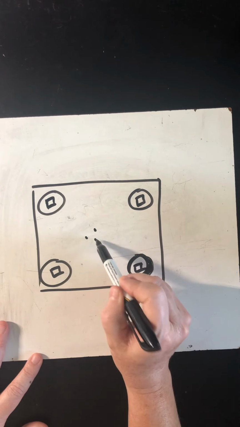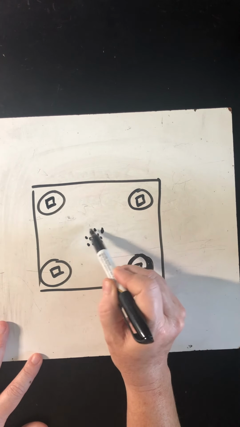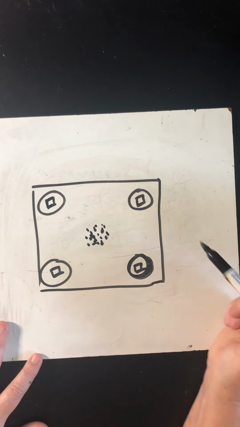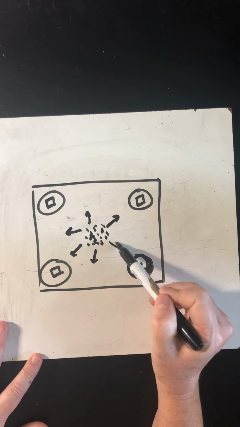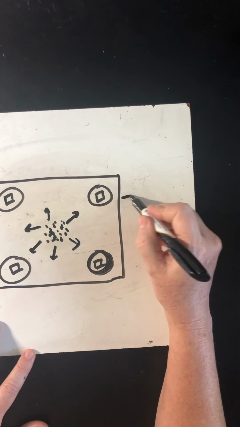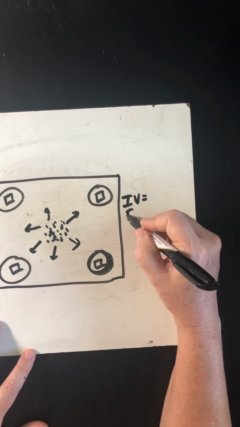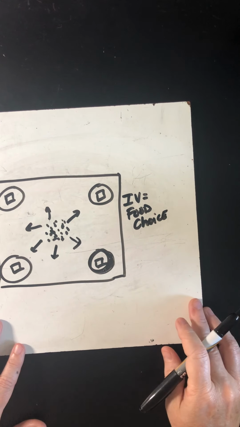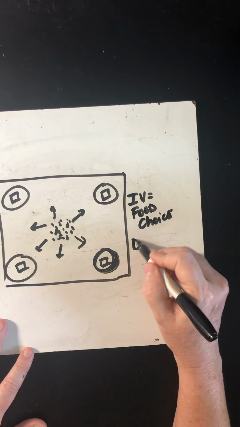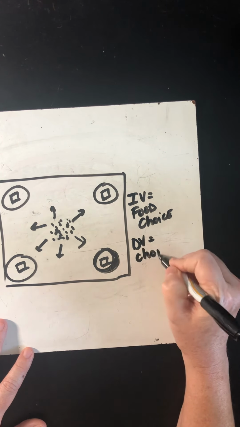And then you put all your little organisms in the middle so that everything is fair and square, and then they can go where they want to go. They can choose. So in this experiment, your independent variable is the food choice. You're giving them multiple food choices. The dependent variable is their choice.